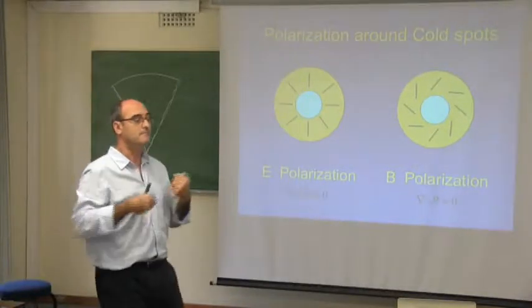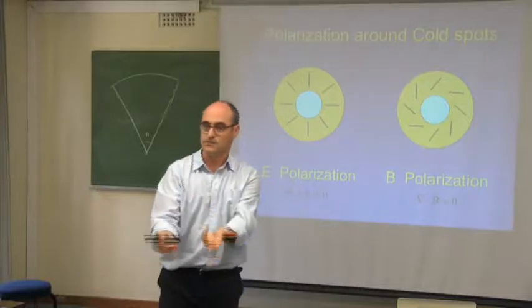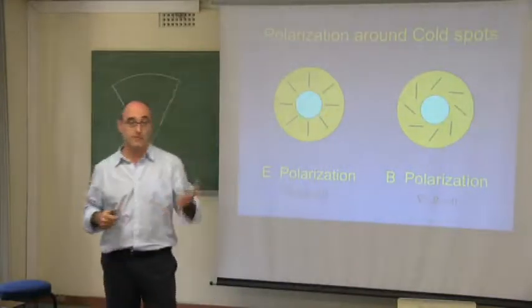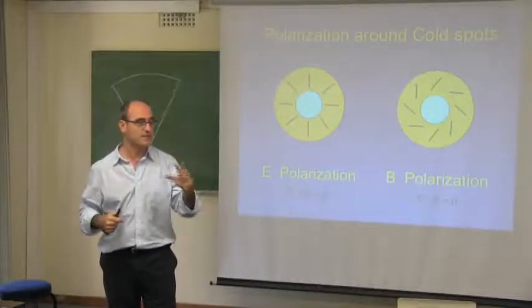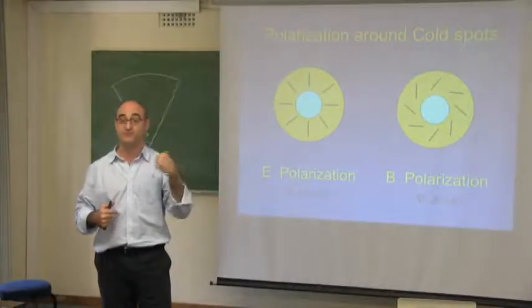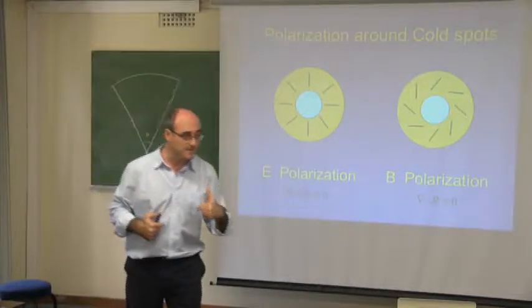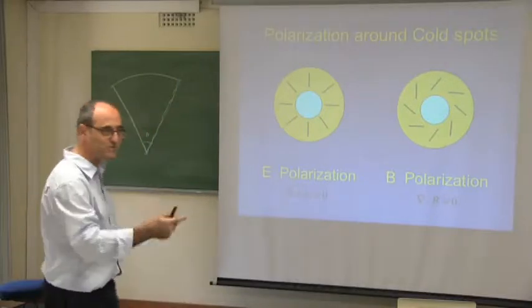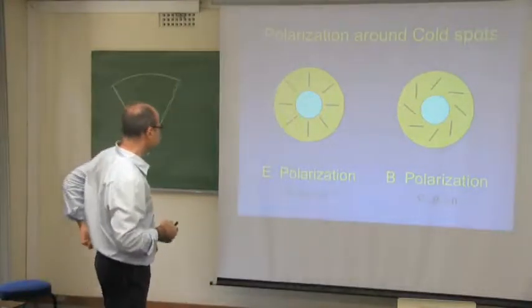That is called B mode polarization induced by lensing. And this is going to be a nuisance, in fact, because we will have to know to great accuracy what the mass distribution is between the last scattering surface and us in order to subtract the contribution to the B mode lensing from the matter in between us and the last scattering surface.